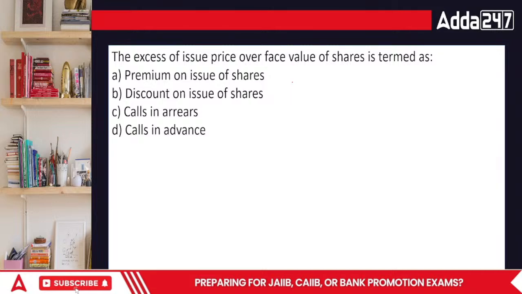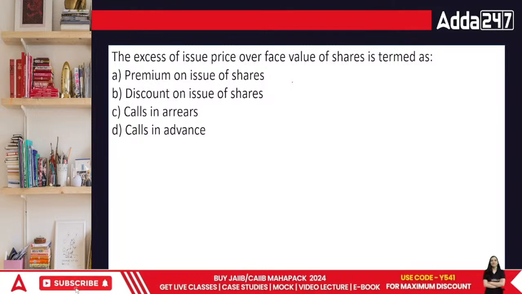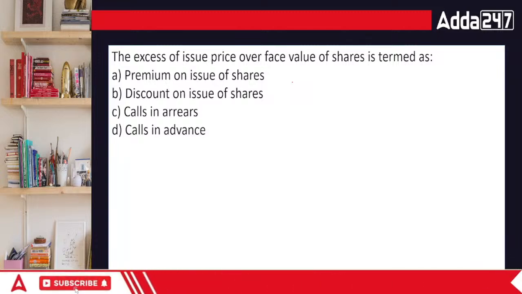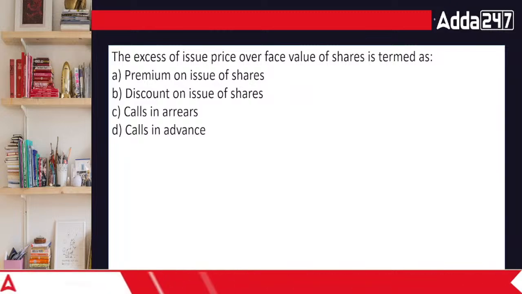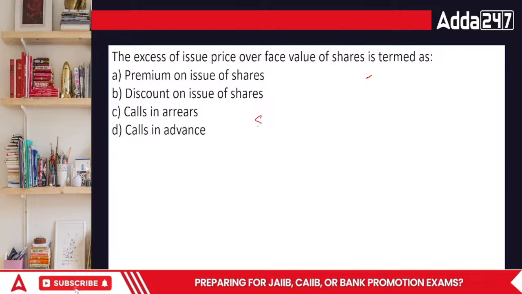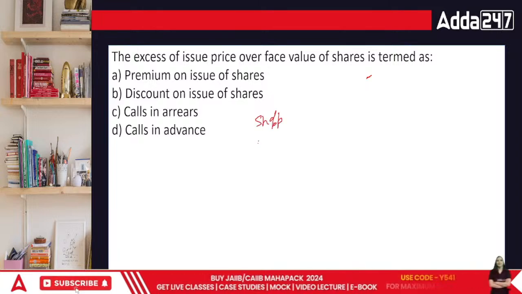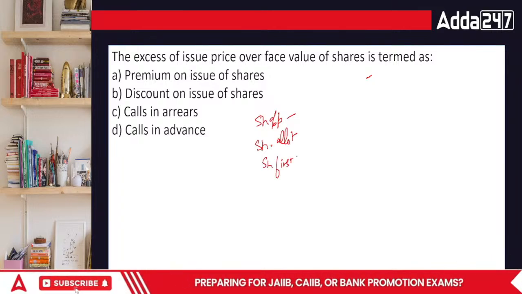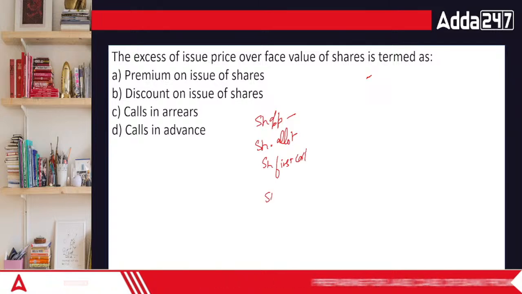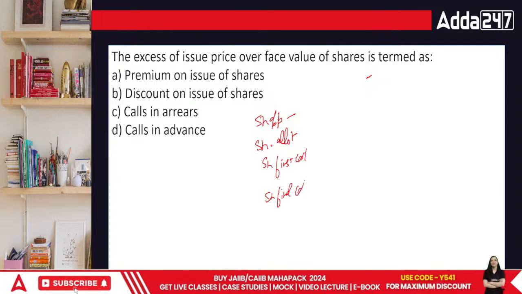Acha, the excess of issue price over the face value of the shares is termed as premium, discount, calls in arrears, and calls in advance. Let's start with the calls in advance, everyone. Calls in advance, if everyone is supposed to pay the specific installments. First of all, people used to pay share application, then share allotment, then share first call, and then the share final call.